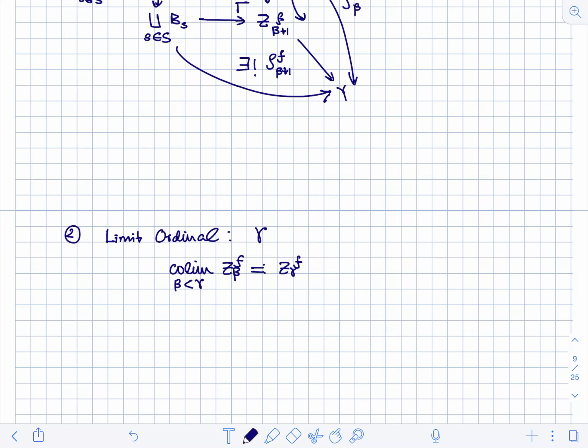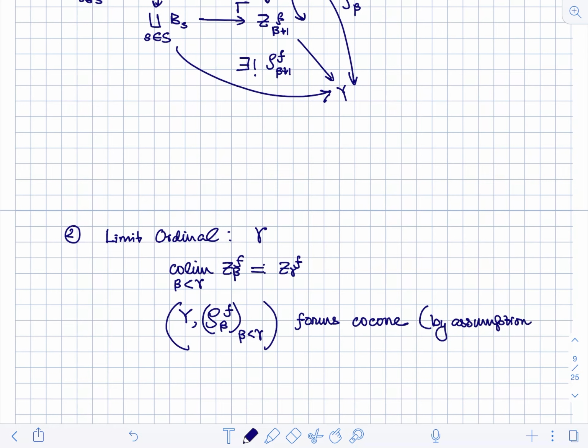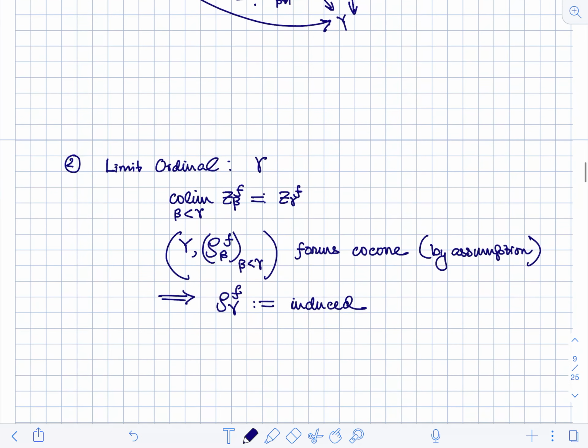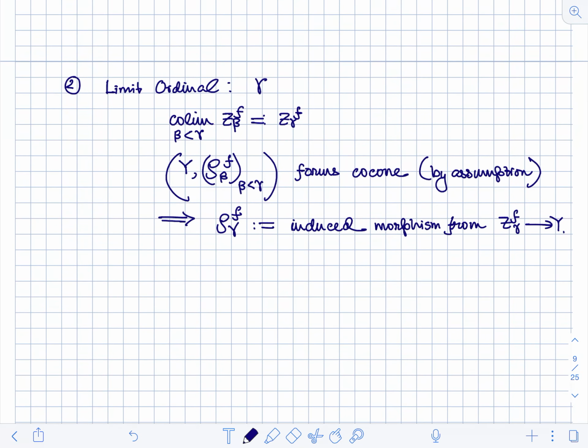We take the colimit, and since Y and rho beta f for beta less than gamma will form a cocone, by assumption we can define rho gamma f as the induced morphism from ZF gamma to Y, and hence we are done.